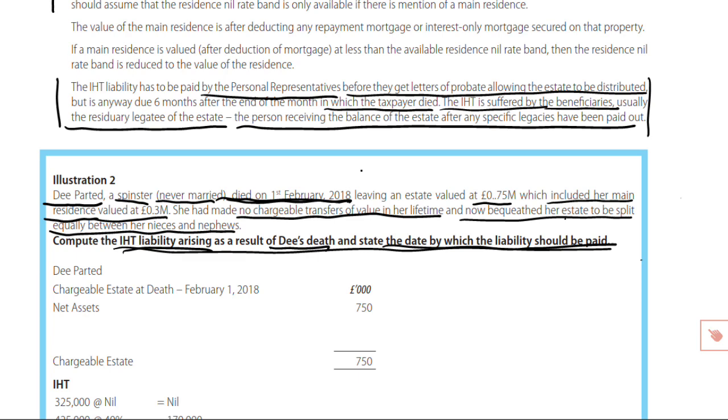That will take you through to the end of August. So it'll be the 31st of August 2018, at which date any IHT payable, we'll calculate that right now, has to be paid over to HMRC, and it's paid by the personal representatives. They take the money out of the estate and pay that over. There is therefore less left within the estate to go to the beneficiaries of that estate.